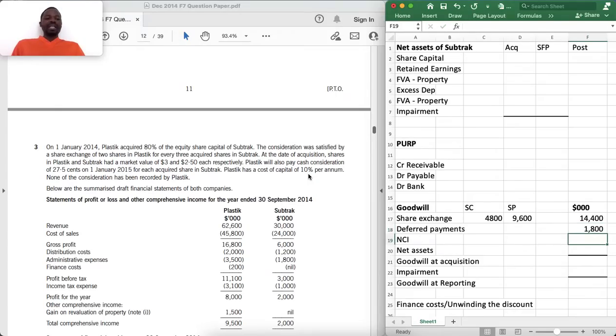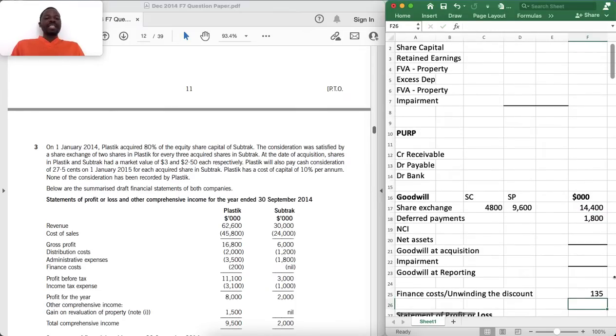We get 1.8. If we get that figure, now we need to unwind the discount of that figure. So we'll say that deferred payment multiplied by the cost of capital of 10% multiplied by, now we apportion, 9 divided by 12. We get the unwinding cost or the finance cost of 135. Now, how much is the NCI?